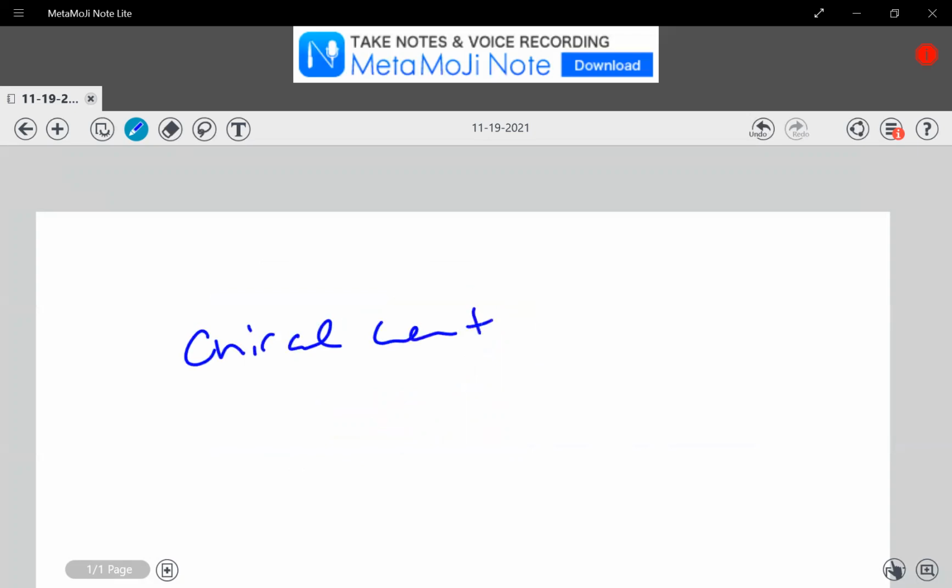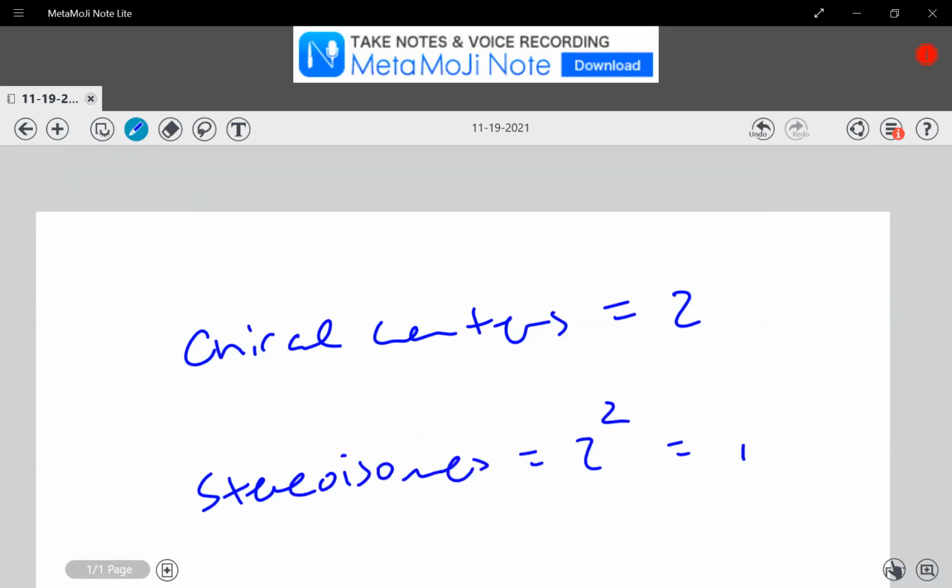Chiral centers equals 2, the number of stereoisomers, 2 to the power of 2 is 4. Let's say that now it's 3. 2 to the power of 3, I think it's 8. So you're going to have 8.